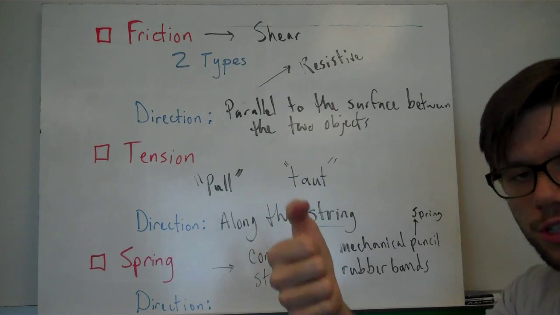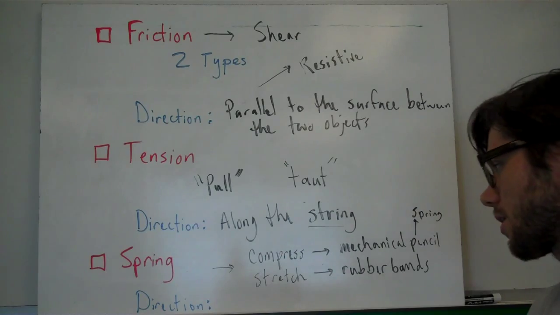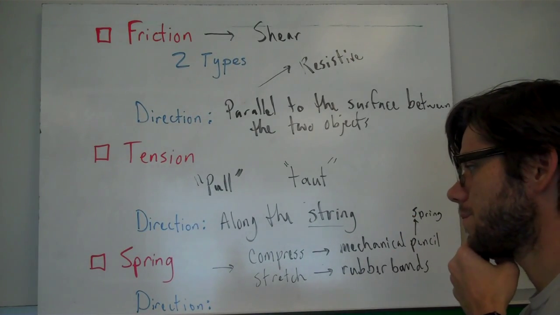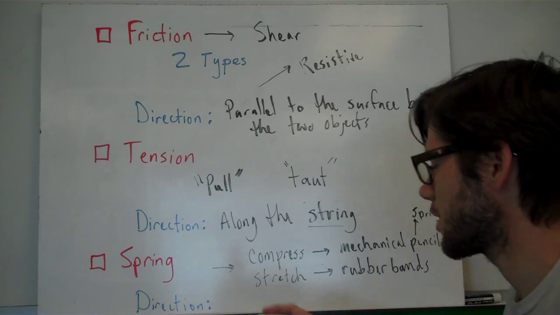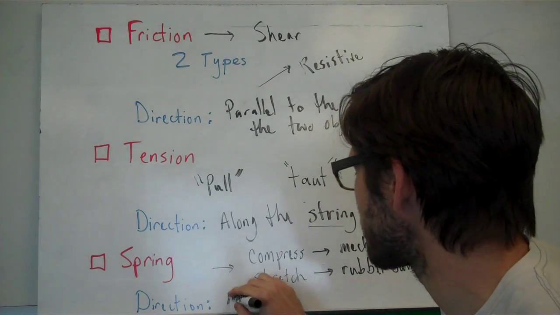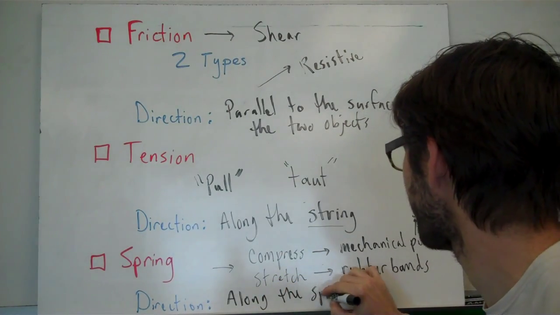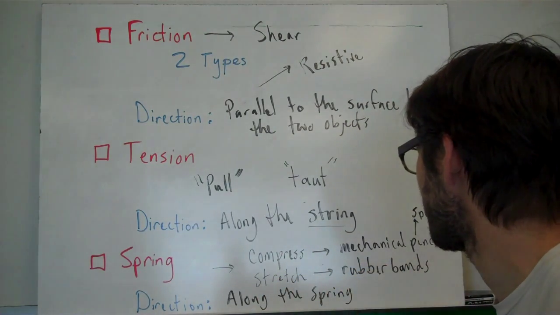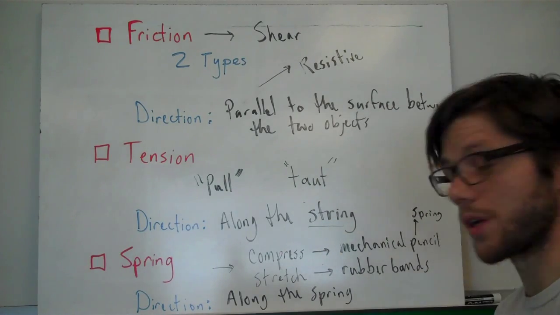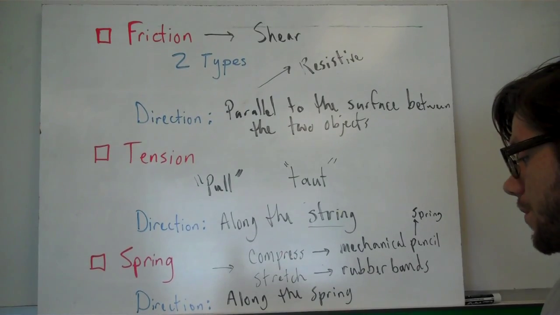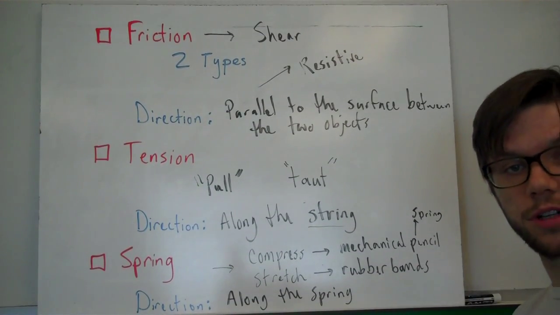That's the actual compression that you get when you click your mechanical pencil. For both kinds of spring action, compression or stretching, the direction is always along the spring. And so that will be the way in which we can get access to what direction the force is caused by.